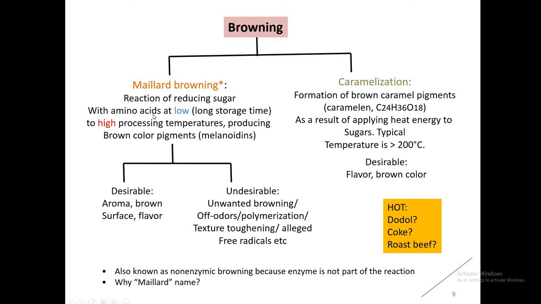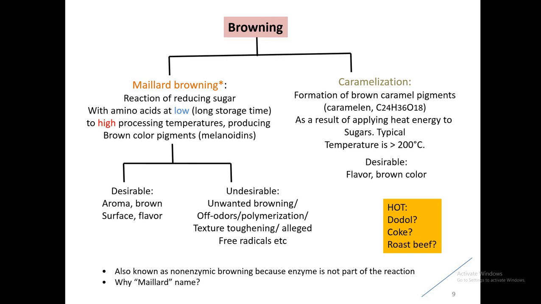Amino acids, therefore you require some kind of proteins. It can happen at low temperatures. It can mostly happen at higher temperatures anyway. If it is low temperatures, it needs long storage time. But both of them produce brown color.